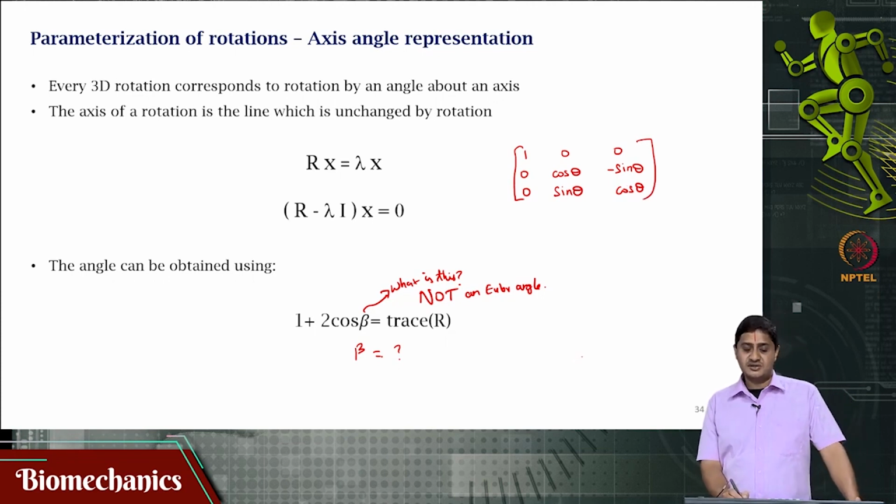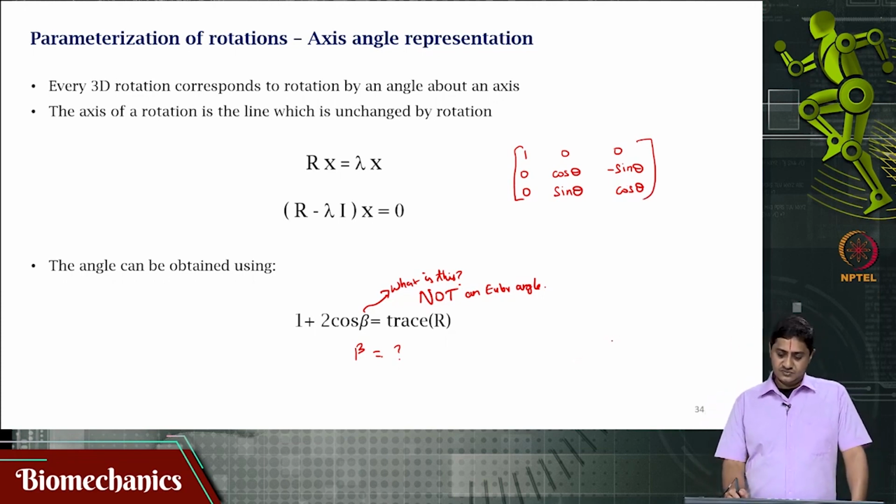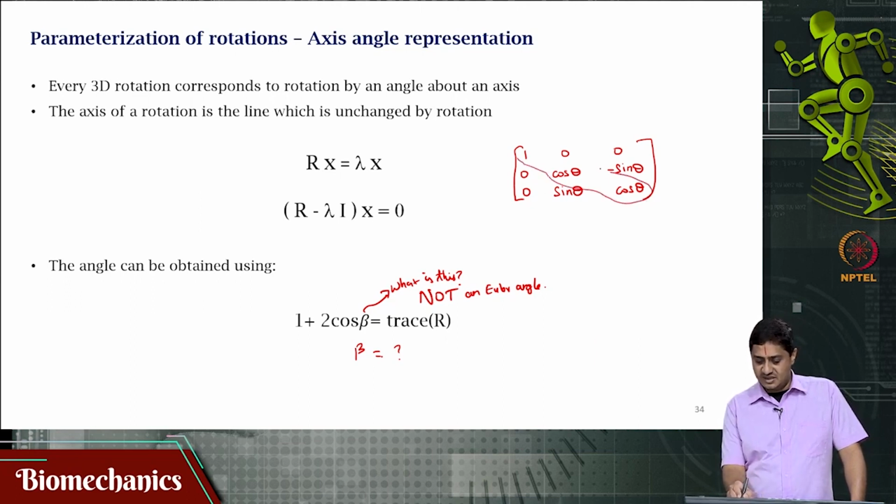This is the rotation matrix R. In this case, what is the trace of this matrix? The trace of this matrix is the sum of these three diagonal elements, is it not? That is 1 + 2 cos θ equal to the trace of the matrix R.